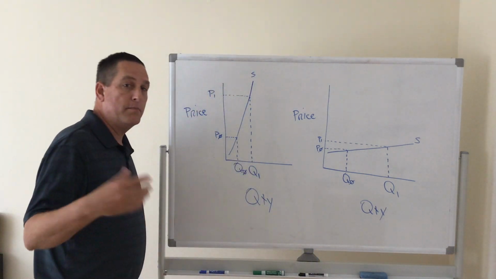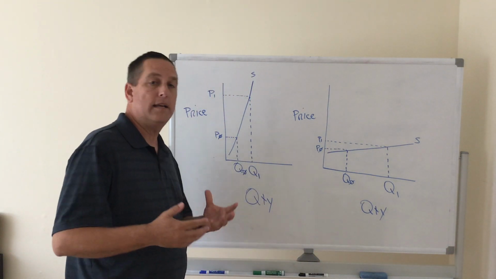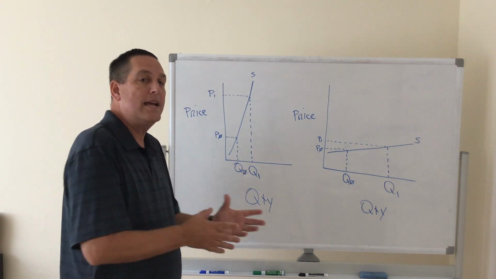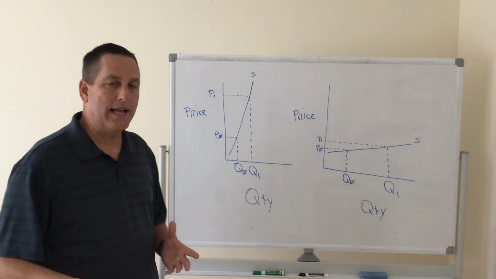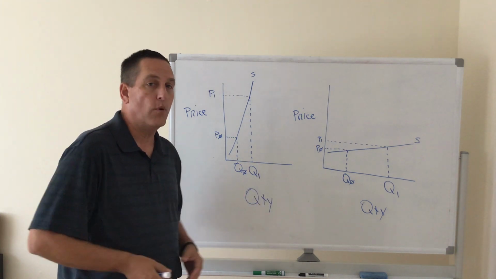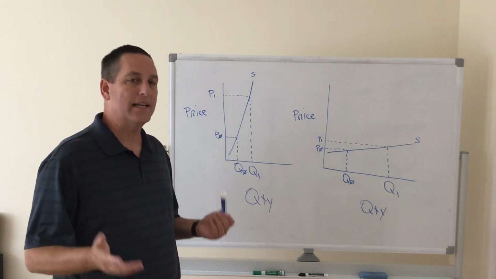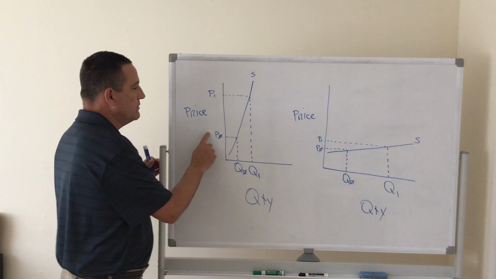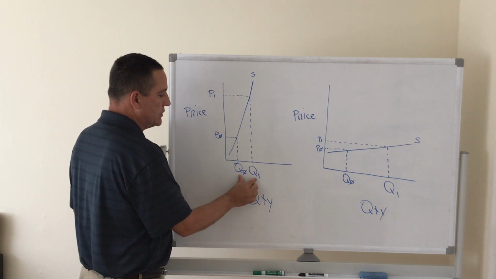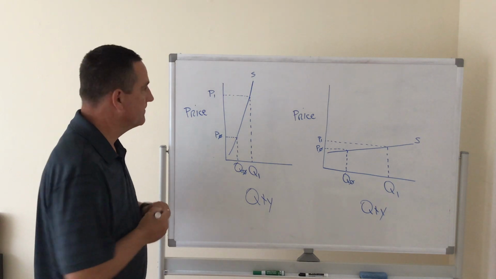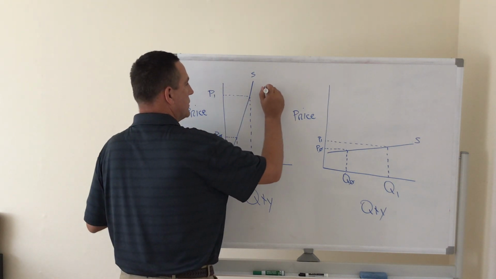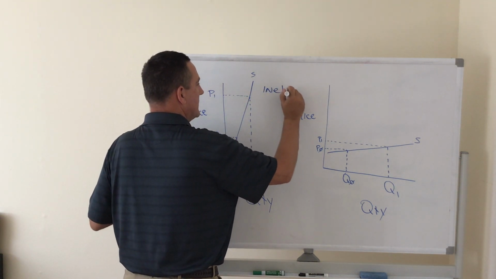Just like with demand, the supply can be elastic or inelastic. Okay? What do you think inelastic means? Well, the same thing it did before. With inelastic supply, the change in price is going to cause a smaller change in the quantity supplied. So this curve over here is inelastic.